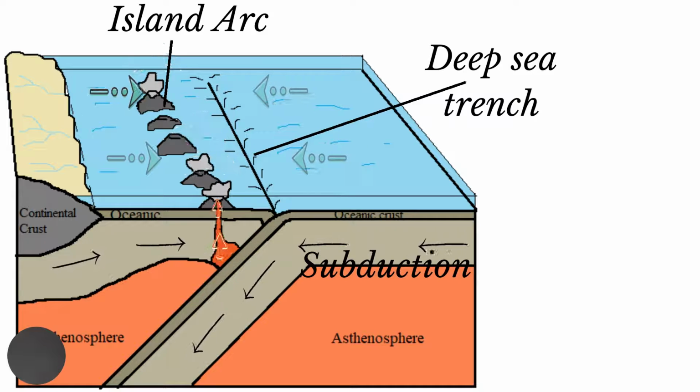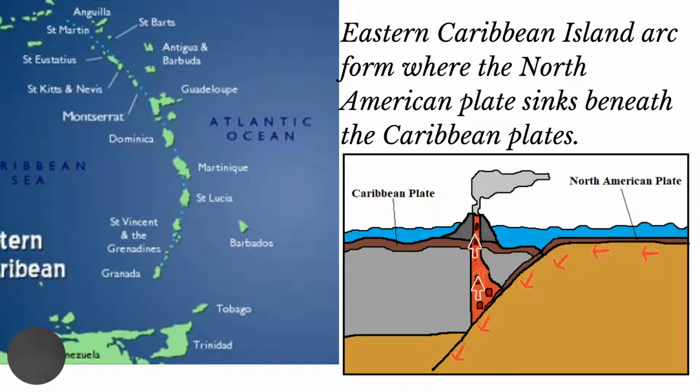It's important for you to understand the difference. Now, a good example of an island arc formed in this way is the Eastern Caribbean island arc. This island arc was formed as a result of the North American plate and the Caribbean plate meeting.